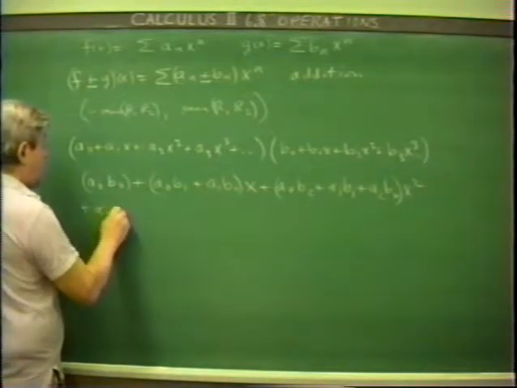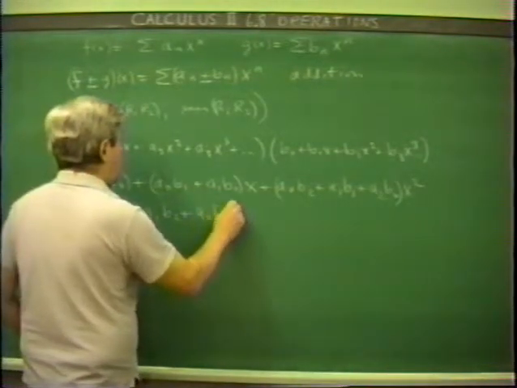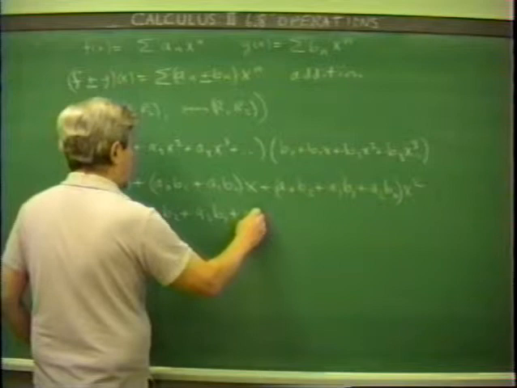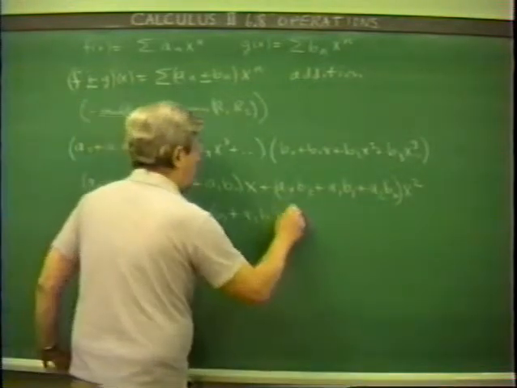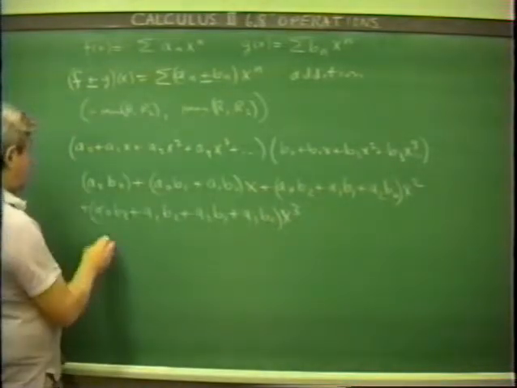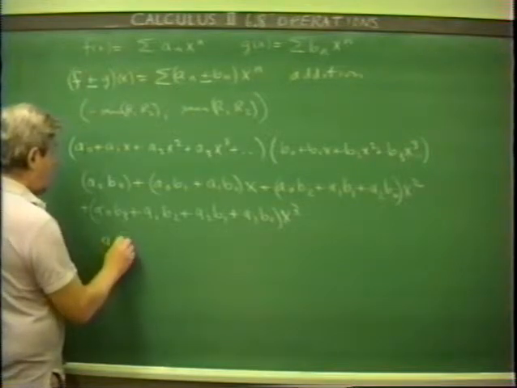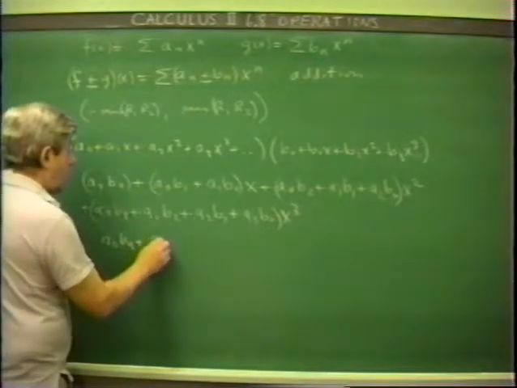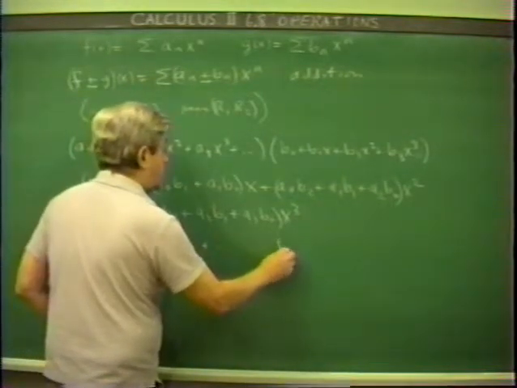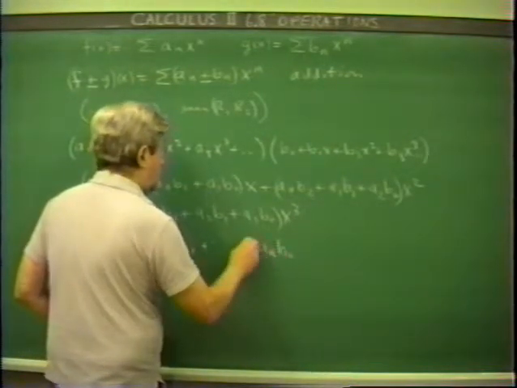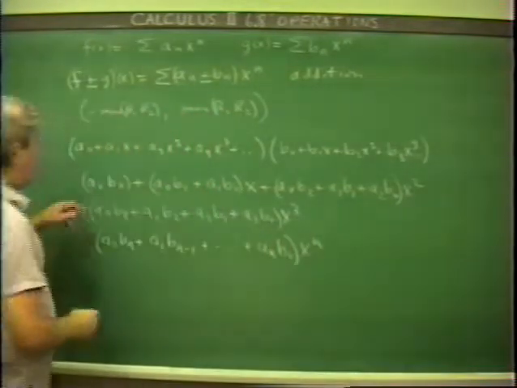The x cubed term is going to be a0 b3 plus a1 b2 plus a2 b1 plus a3 b0, times x cubed. And in general, the x to the n term is going to look like a0 b_n plus a1 b_(n minus 1) plus and so forth, all the way down till you get to b0 a_n, times x to the n.